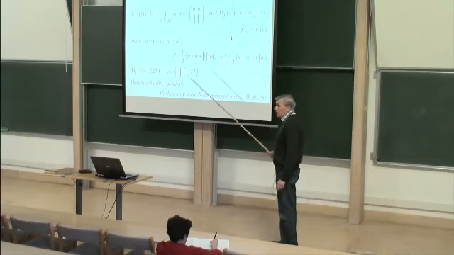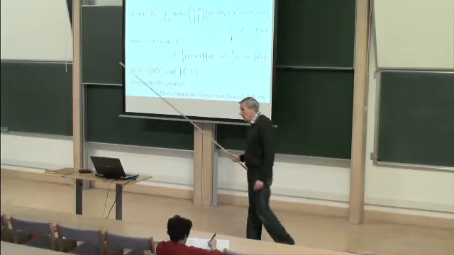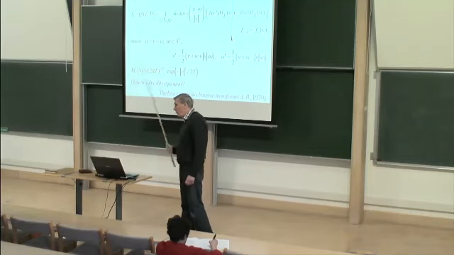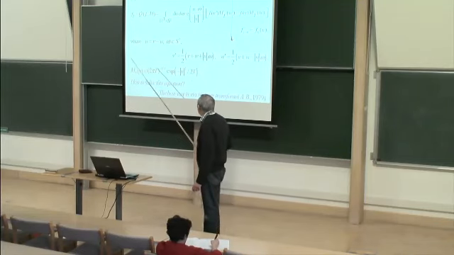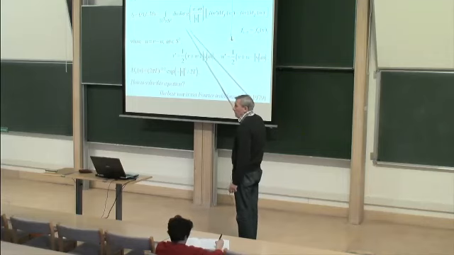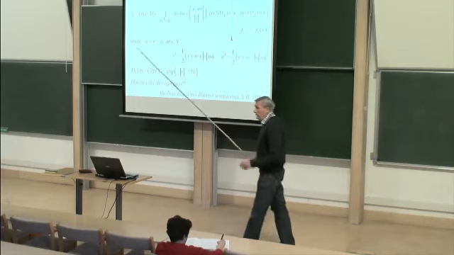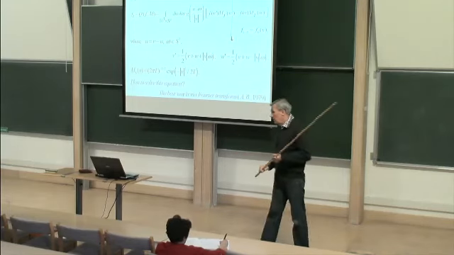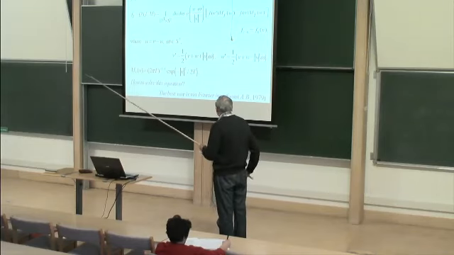For simplicity, the mass of the test particle is exactly the same as the mass of the field particles. So we have g of cosine theta, which is, as always, the differential cross section multiplied by the relative velocity.